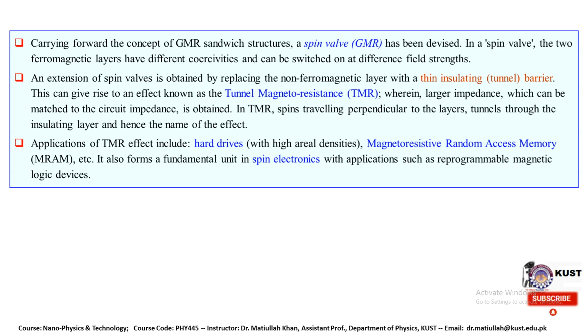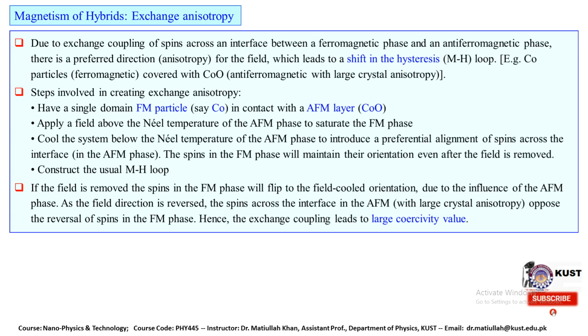We also have magnetism in hybrid materials, that is exchange anisotropy, due to the exchange coupling of spins across an interface between a ferromagnetic phase and an antiferromagnetic phase. Some steps are involved in creating the exchange anisotropy.